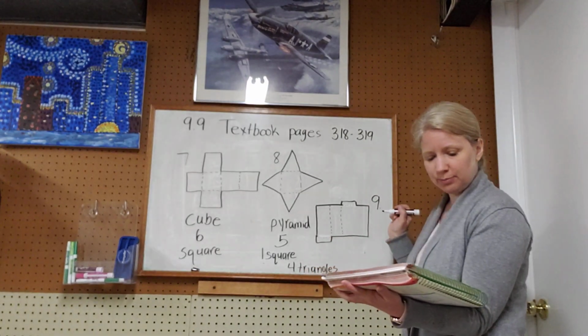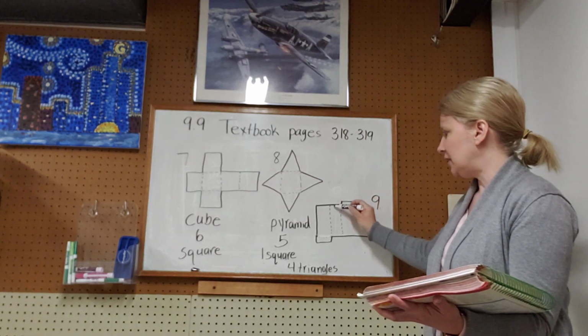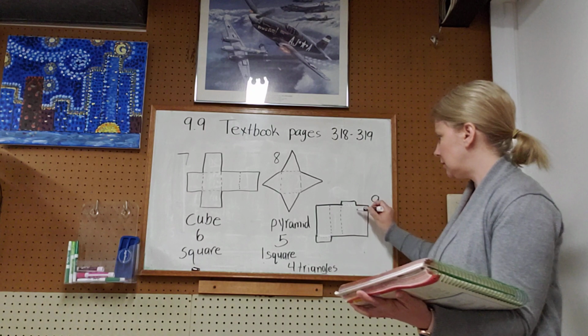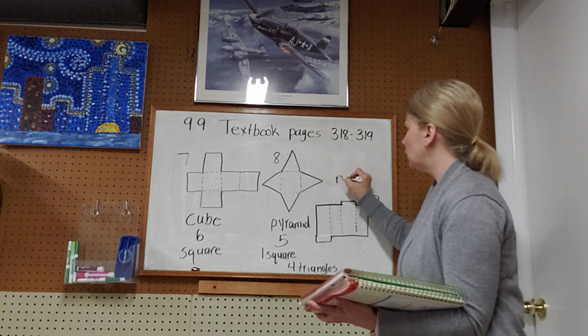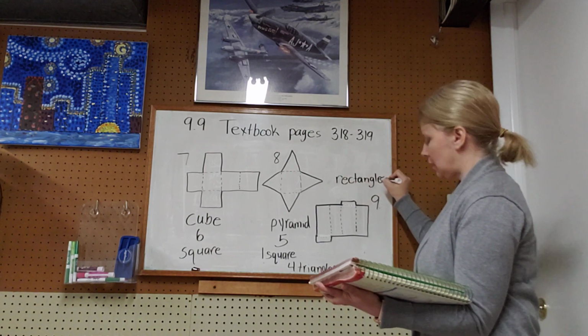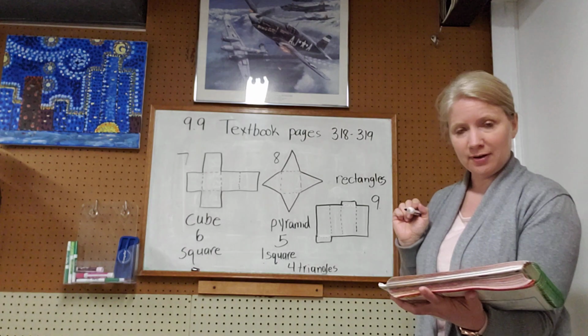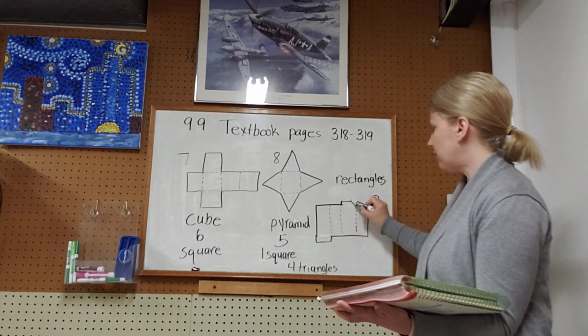And number 9. Let's look at this. What are the shape of the faces? Think about that one first. The shape of these faces. They're rectangles. How many of them do we have? 1, 2, 3, 4, 5, 6.